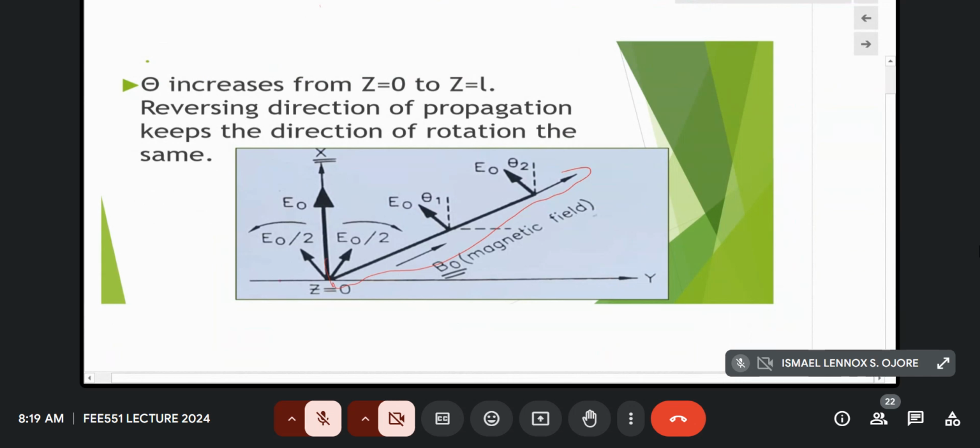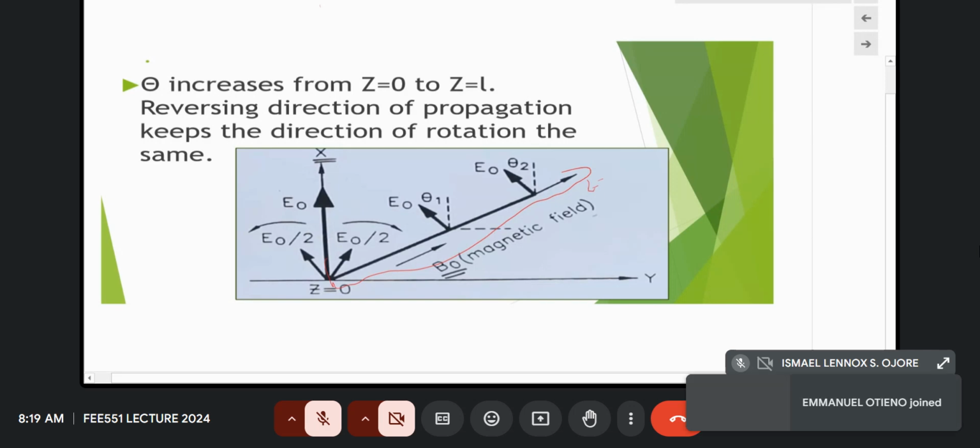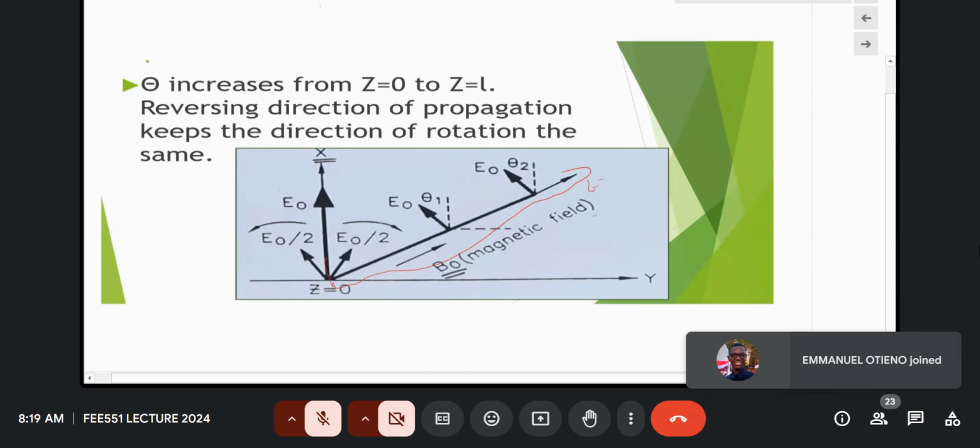As the wave propagates from z equals 0 to z equals L, you'll notice that the plane of polarization will keep on rotating. By the plane of polarization, we mean the direction in which the electric field is rotating.